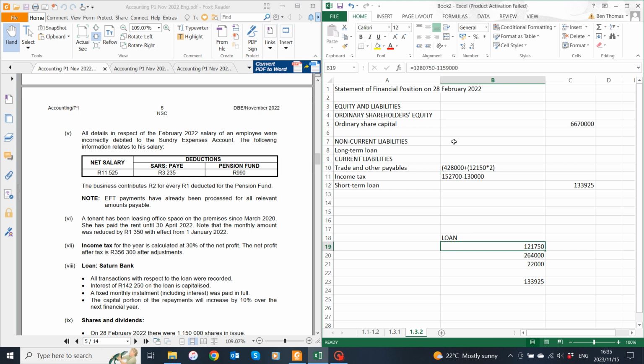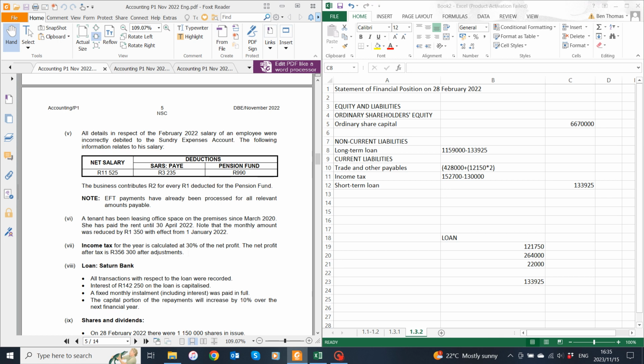Yes. So our long-term loan is going to be 1,159,000 minus what you're going to pay back within one year, 133,925. And we know that's going to give us that answer over there. Okay, we'll add up the totals just now, but let's do the calculations and then we'll plug in everything as need be.